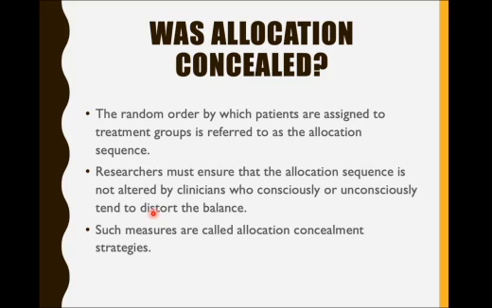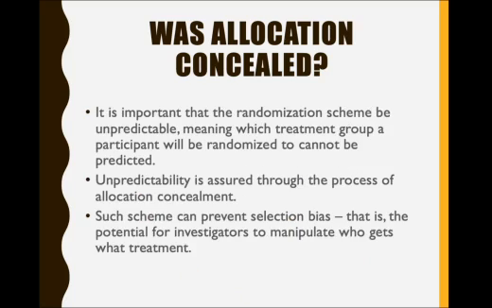Meaning, clinicians might want the next patient to get the experimental drug or the placebo. When you do that, then the allocation of treatment for the next patients will not be concealed. Such measures are called allocation concealment strategy.